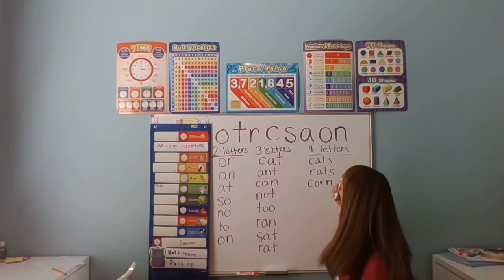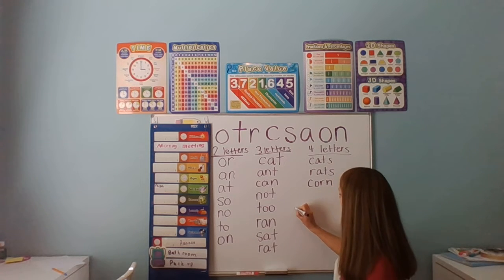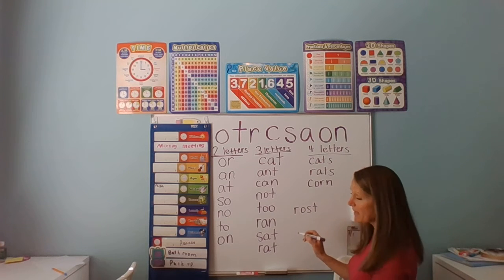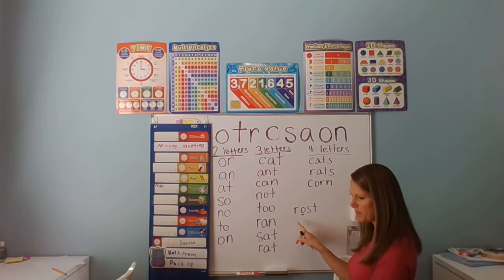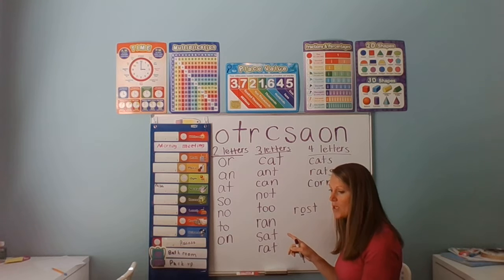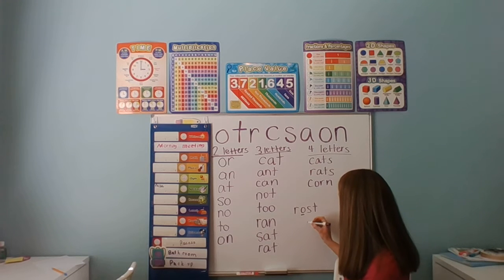Roast. And you know what? I saw that one on here, and you had this, which would make sense if this O is a long O, but actually in this word it would be rost. But there's a spelling pattern that we can use to make the long O sound: an A and an O. If we put the O and the A together, it makes the long O sound.